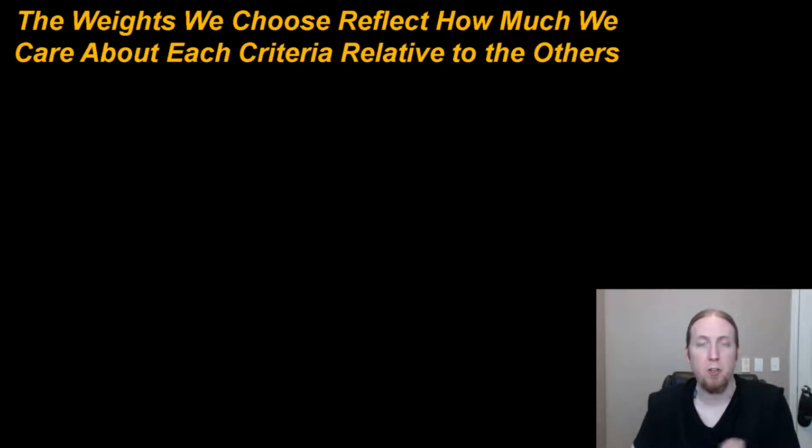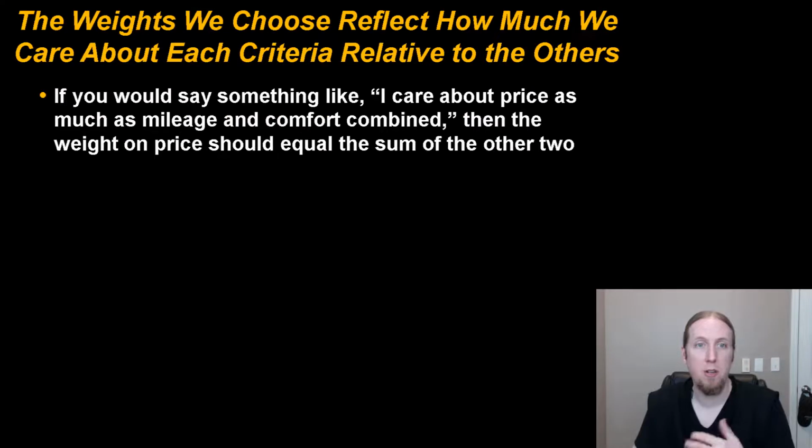Now that the functions associated with each metric span the range from 0 to 1, when we put a weight on them, that tells us how much we care about each criteria relative to the others. So if you would say something like, I care about price as much as mileage and comfort combined, then that means that the weight that we attach to the price function should equal the sum of the other two.